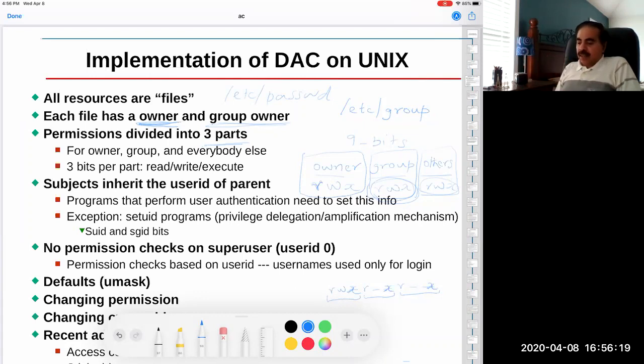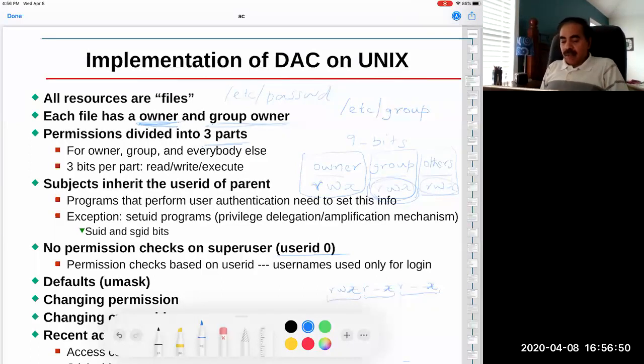When you log in, the login process looks up this password file and finds the user ID corresponding to the username with which you're logging in. From then on, it is this user ID, which is a number, that is used in all permission checks. The special user ID of 0 is reserved for root, or the other term for it is administrative privilege.